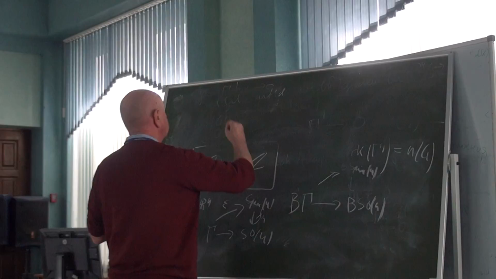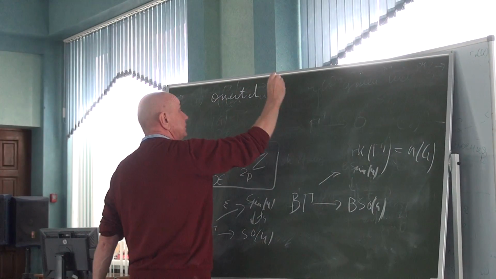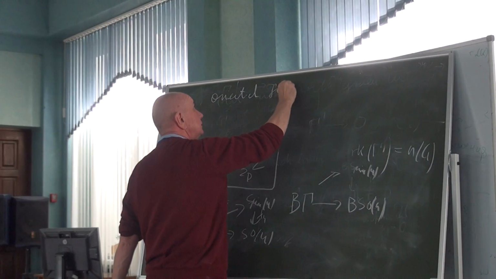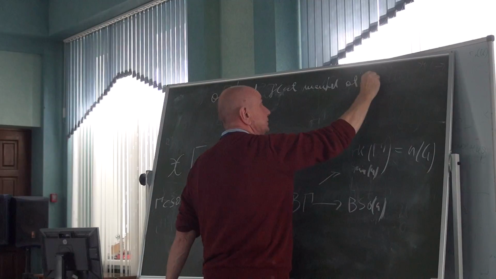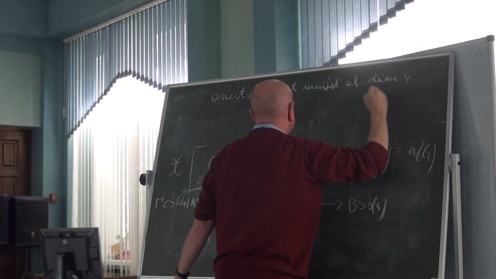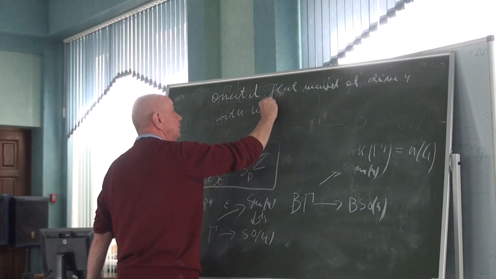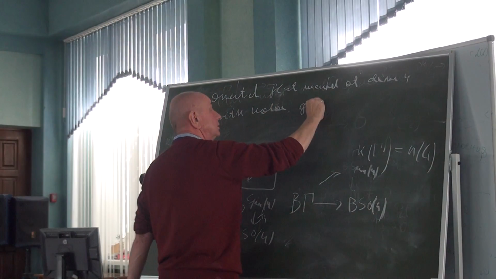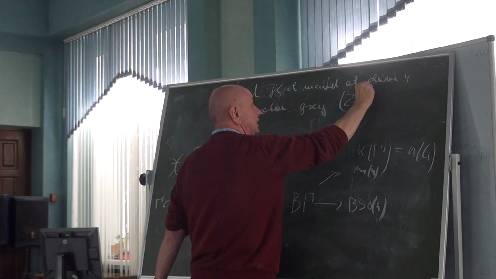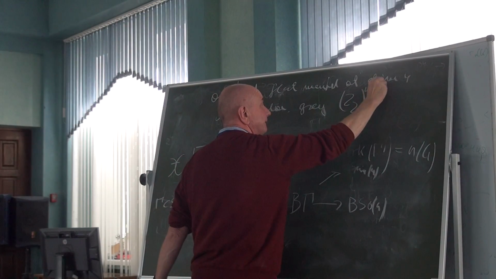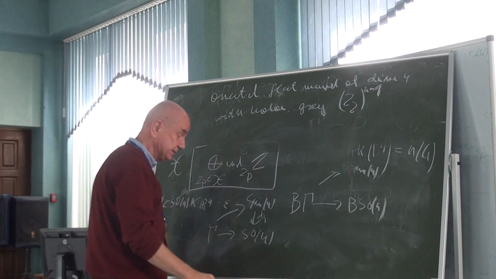Hantzsche-Wendt group: any oriented flat manifold of dimension n with holonomy group equal to Z2 to the n minus 1. So there is the Hantzsche-Wendt manifold, a very interesting class.